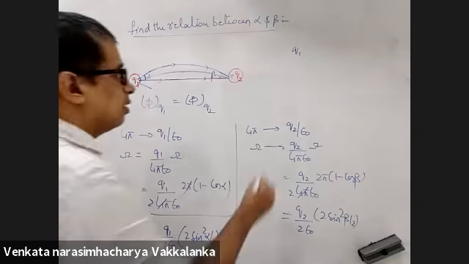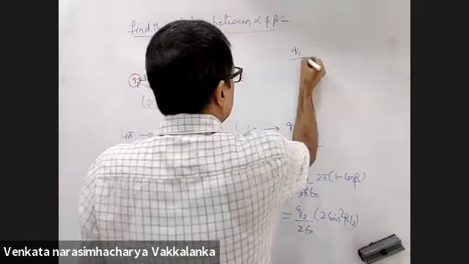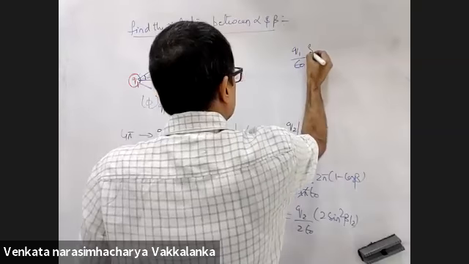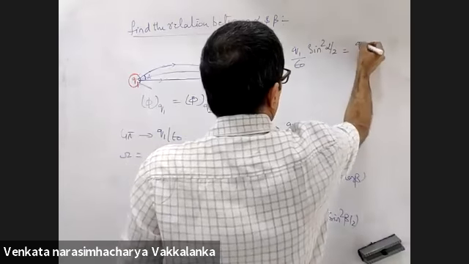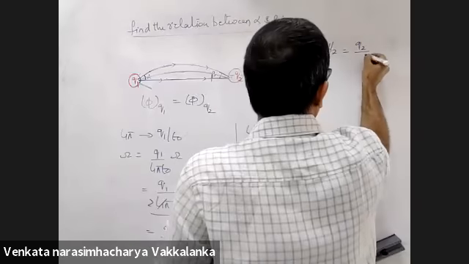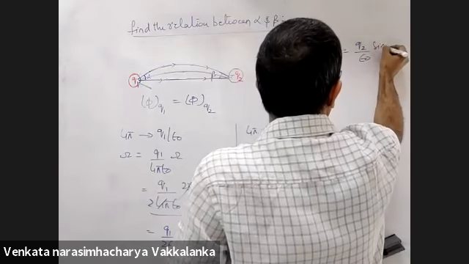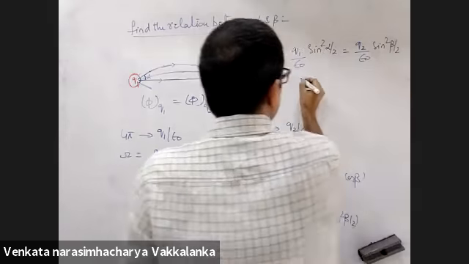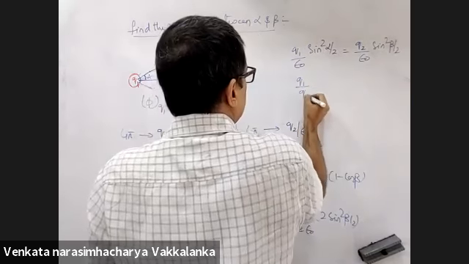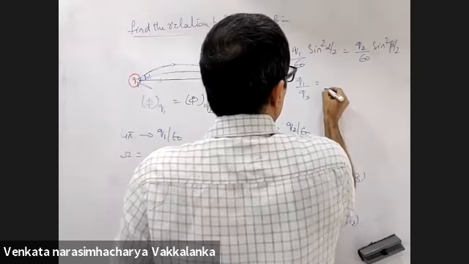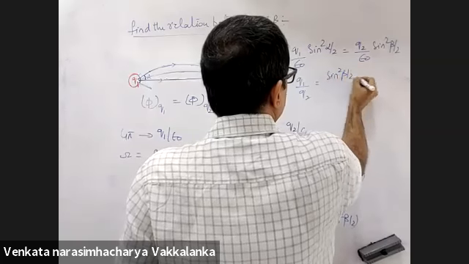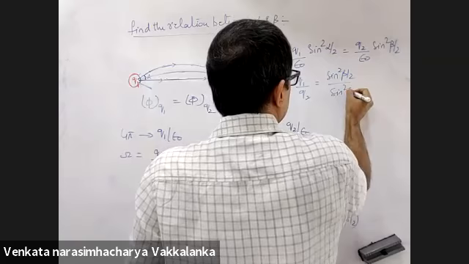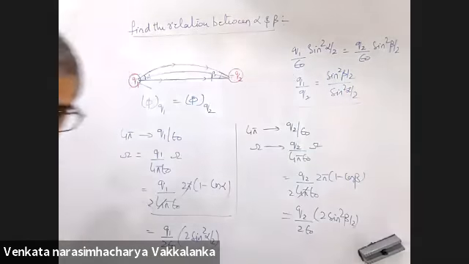Yes, sir. Q1 by epsilon naught sine square alpha by 2 is Q2 by epsilon naught sine square beta by 2. Q1 by Q2 will be sine square beta by 2 upon sine square alpha by 2.